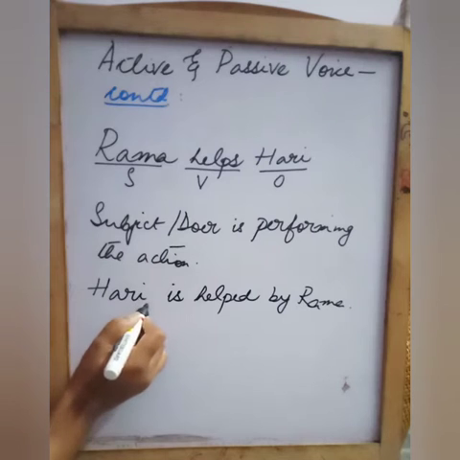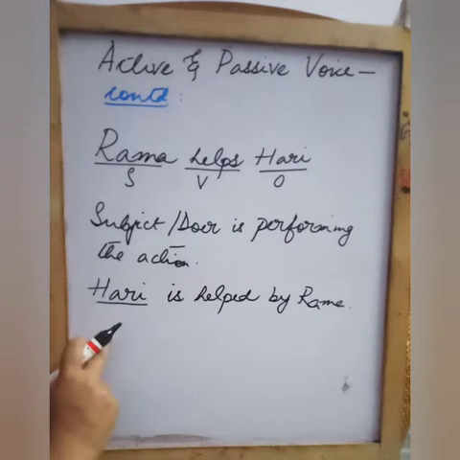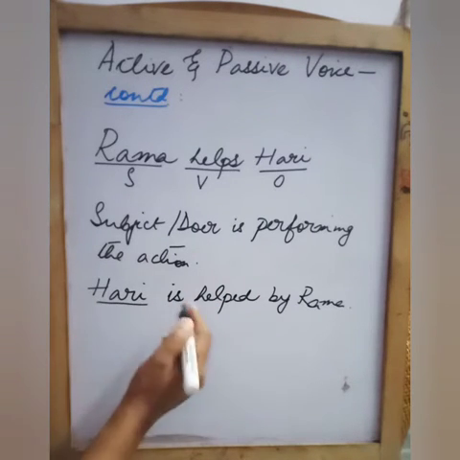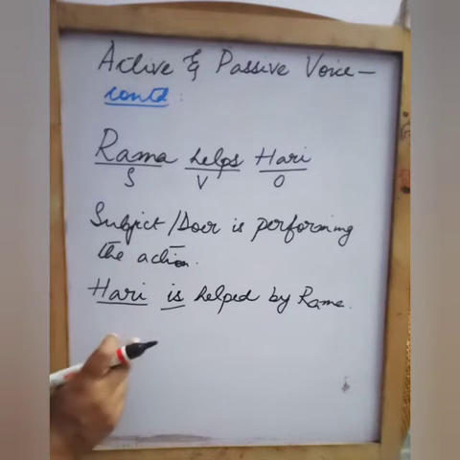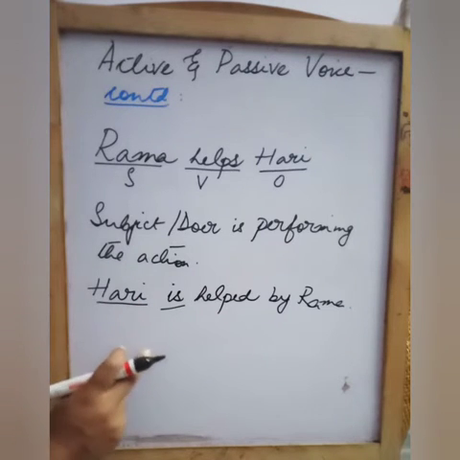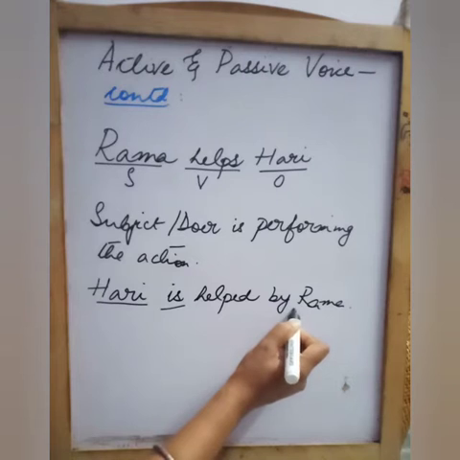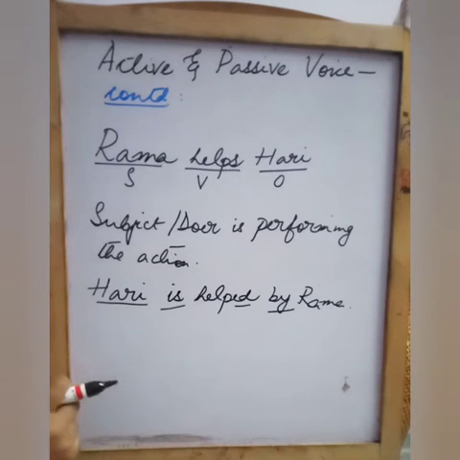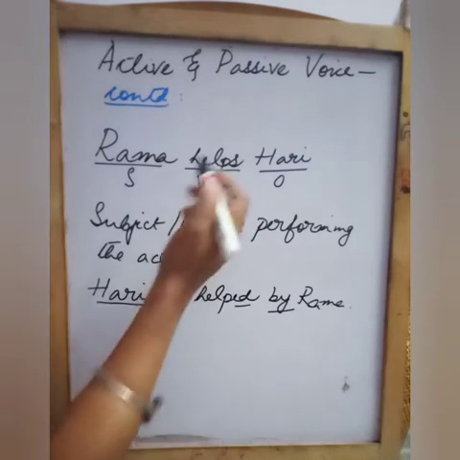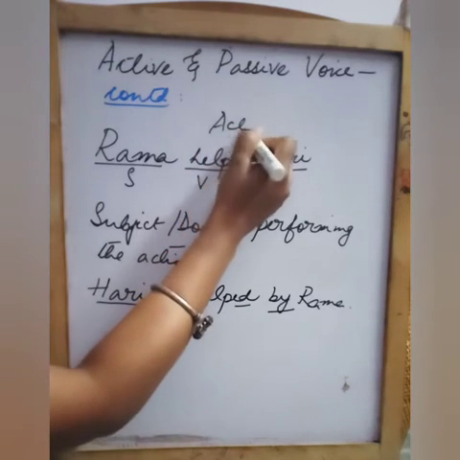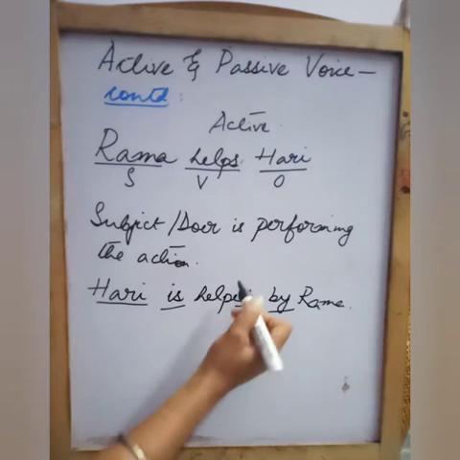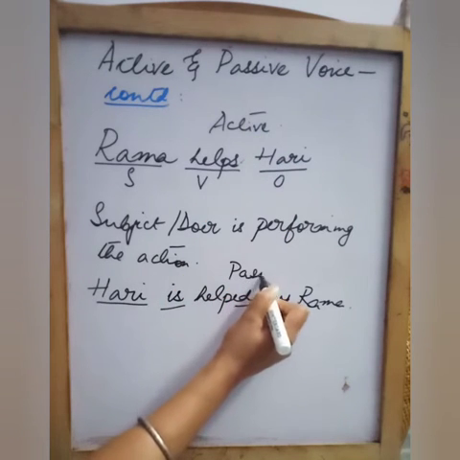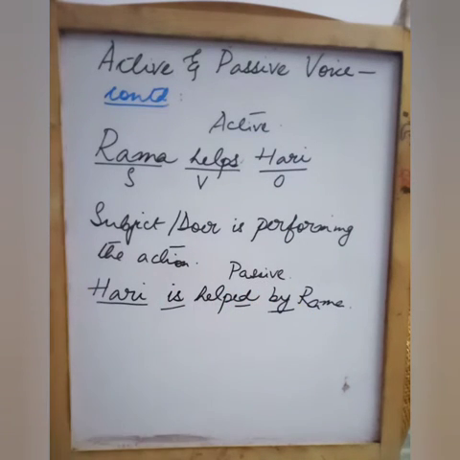Here Hari is the object, and it comes in place of the subject. Is is an auxiliary or helping verb, the to be verb. We add a preposition here, and the ed form of the verb is used. So this sentence is in the active voice, and this is in the passive voice.